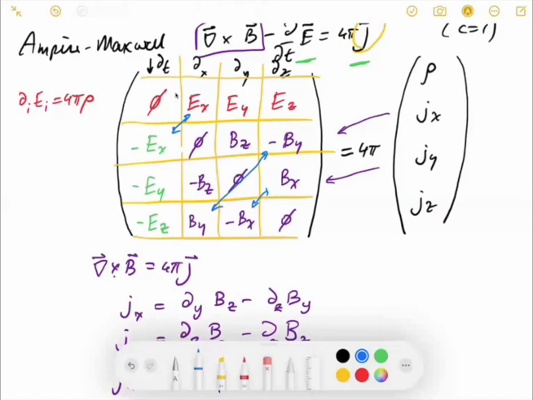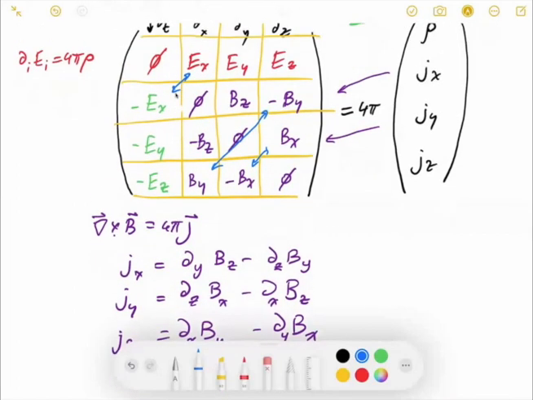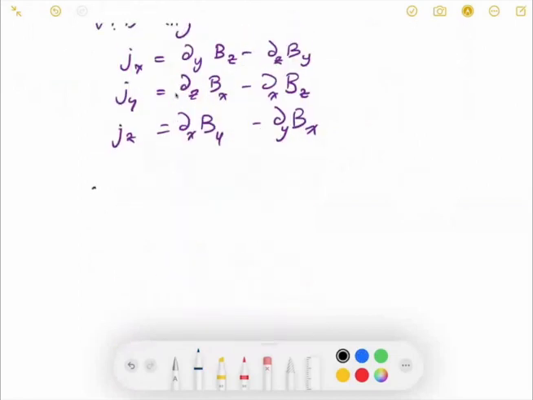Now, this is where our linear algebra is starting to fail us a little bit, because we need to actually start to write this as an equation that looks like this. So some kind of a partial acting on this field tensor, which we're going to call f.